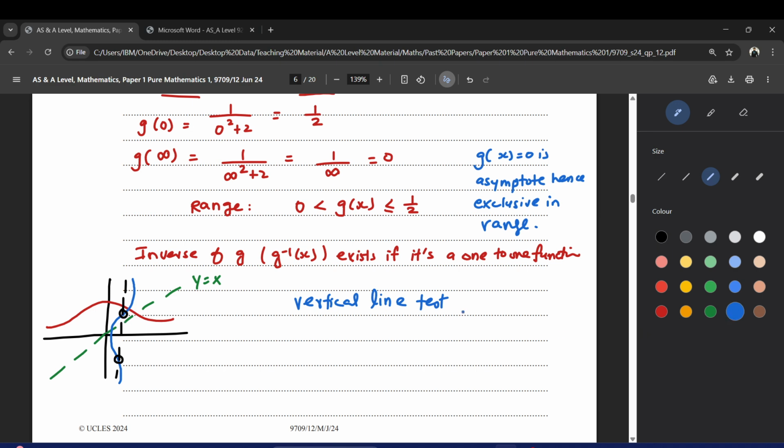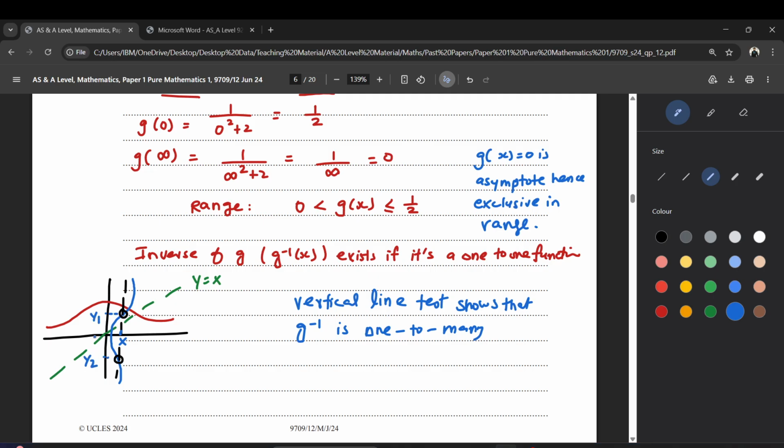So we can say the vertical line test shows that the inverse graph is one to many. Okay, why is it one to many? Because for one domain value, let's say this is your domain value x, you're getting y1 and you're getting y2.